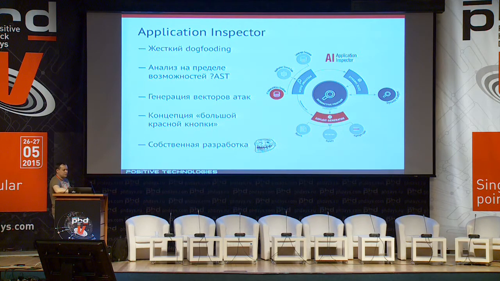So dogfooding was not so much to test, but to develop. No secret, we use abstract interpretation of the source code, Java and PHP interpretation, and binary concurrently. We tried to squeeze the most out of it, combining static and dynamic analysis and simple execution.